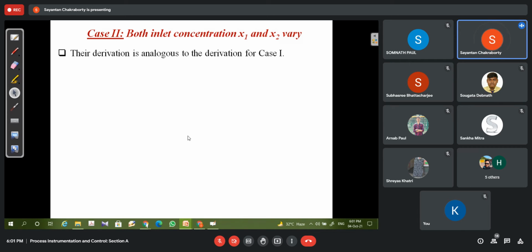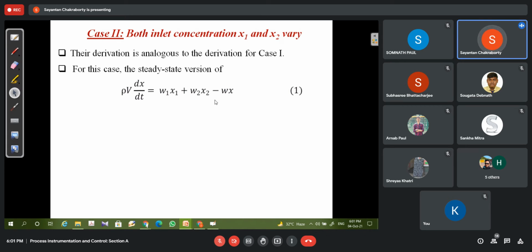Now the next case: if both x1 and x2 are varying, the derivation will be analogous to the derivation in case 1, but the steady state version of this equation, the accumulation of component A equation, can be written as this.